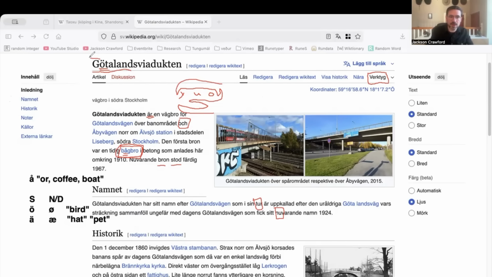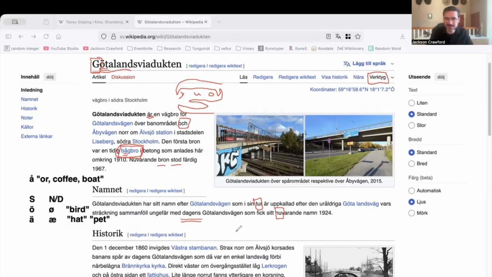Now let's talk about why I pronounce the G at the beginning of this word as a Y. Most of the time, a G is going to be pronounced like the G in English, go, gore, give or whatever, right? It's typically going to be that kind of a sound. So this, for example, right here that I'm underlining, dagens.